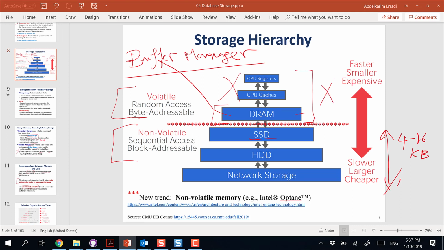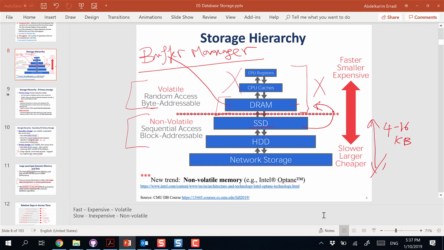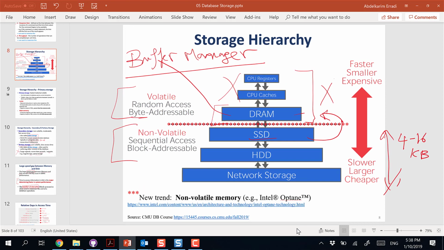It's negligible compared to reading from disk into memory. So the cost of a database operation is measured as the number of disk blocks that we read and write. That's how we measure them, and we will see this as we move forward.